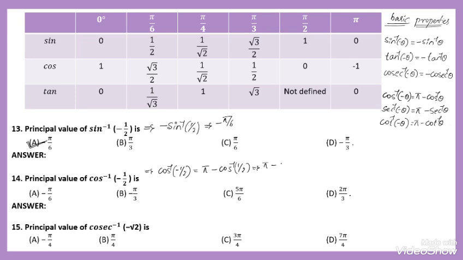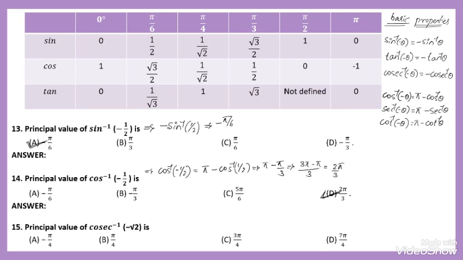That is pi by 3. Taking pi minus pi by 3, with LCM 3, 3 pi minus pi by 3 is equal to 2 pi by 3. This is the value of cos inverse of minus 1 by 2. The option number D is correct.